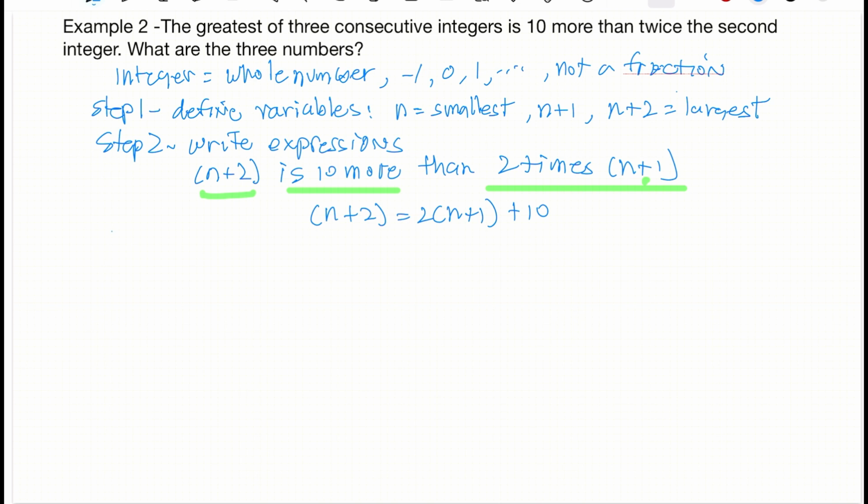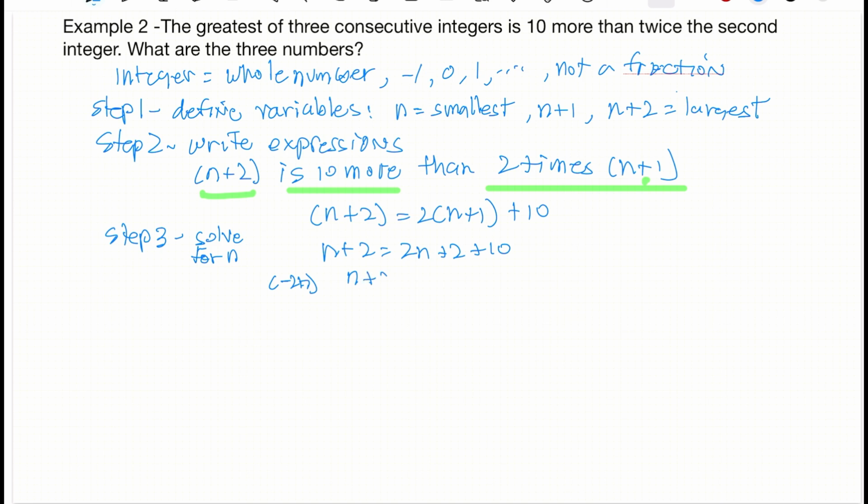And then step 3 is solve for n. Okay, so there's our equation. So we've got n plus 2 is equal to 2n plus 2 plus 10. Now, we want to get all the n's on one side, so let's take away 2n from both sides.